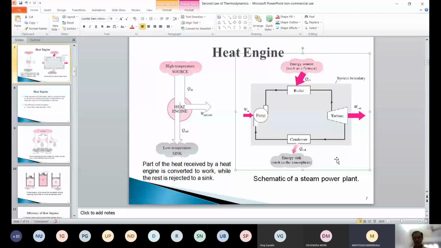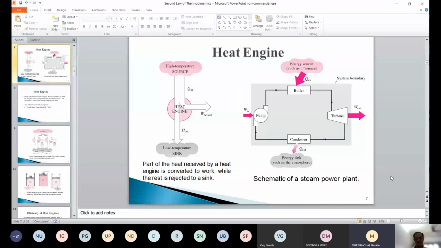Sir, volume is decreasing as the gaseous phase is converted into liquid phase. Volume is decreasing, so pressure will increase and compression will happen, since volume is decreasing. Okay. How many people agree with what Murtaza said?